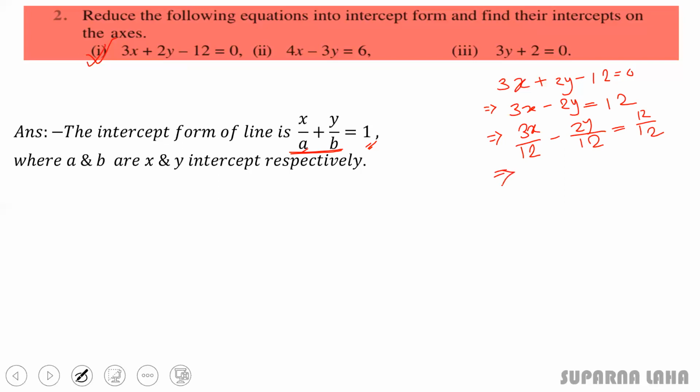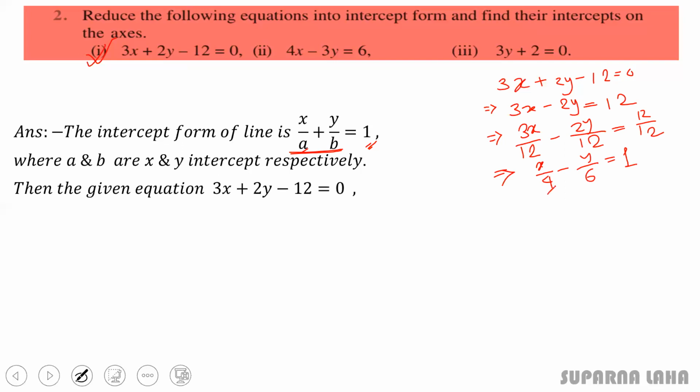3 fours are 12, and 2 sixes are 12, equals 1. So we can write that the x-intercept is 4 and the y-intercept is... not minus 6, there will be a plus sign here, it will be plus 6.